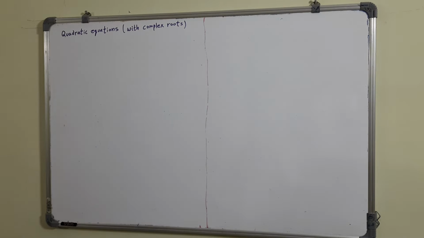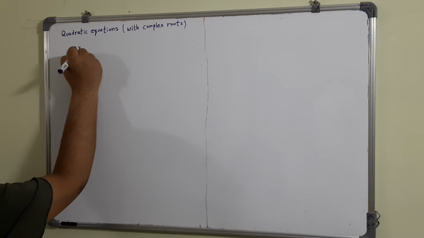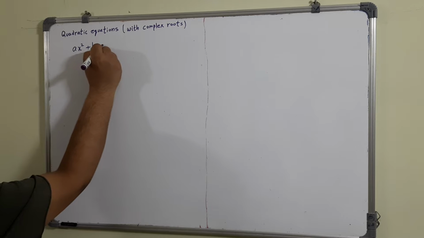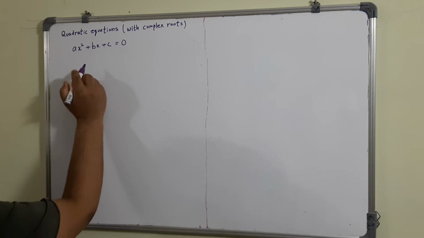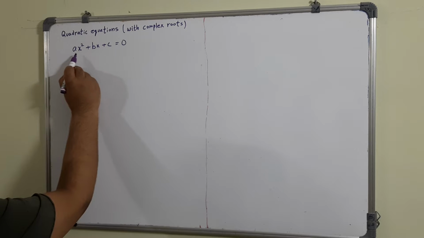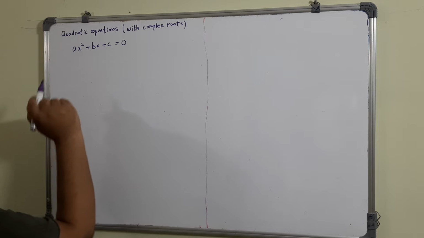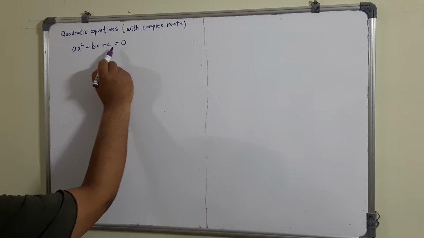Roots are the solutions to these equations. Let's say we have ax squared plus bx plus c equals 0. This is an equation. On the left hand side we have a polynomial of degree 2, and on the right hand side we have 0.